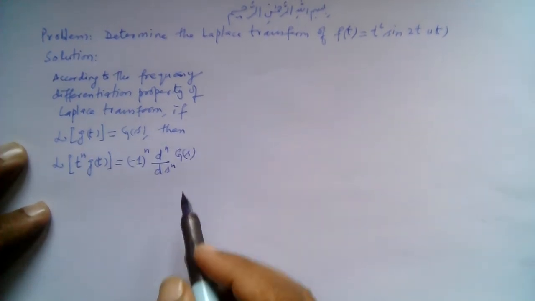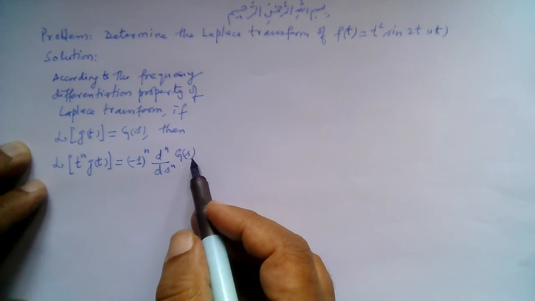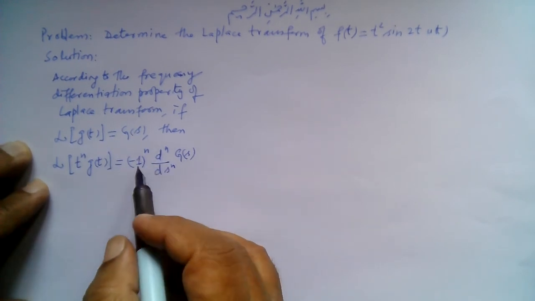The nth derivative of the Laplace transform of g(t) multiplied by (-1)^n.